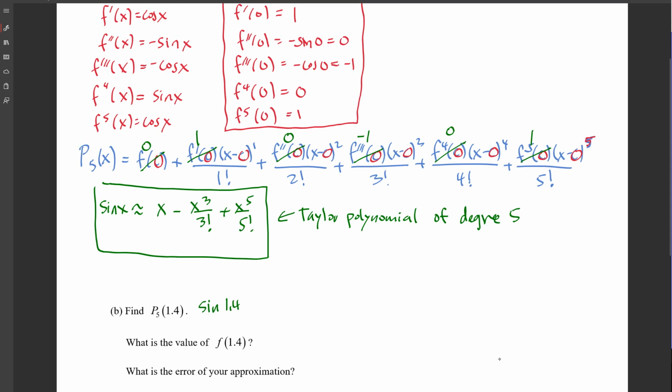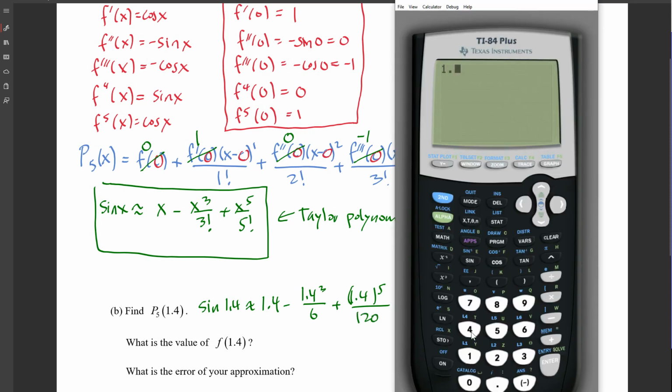So that's going to be approximately equal to, everywhere there's an x, I'm going to put in 1.4. 1.4 minus 1.4 to the third power over 6, plus 1.4 to the fifth power over 5 factorial, which is 120. So 1.4 minus 1.4 raised to the third power divided by 6, plus 1.4 raised to the fifth power divided by 120.